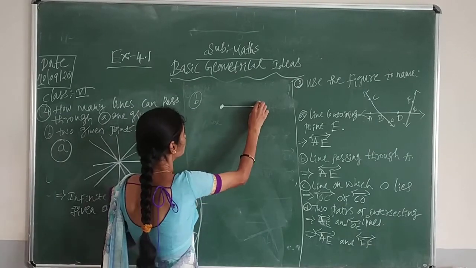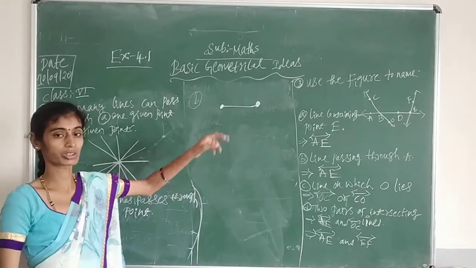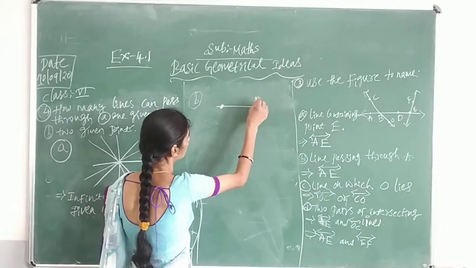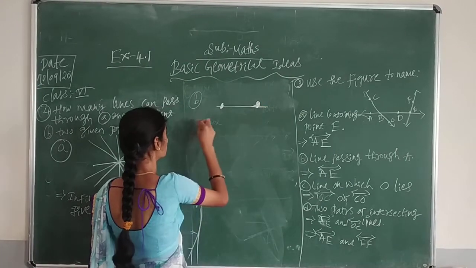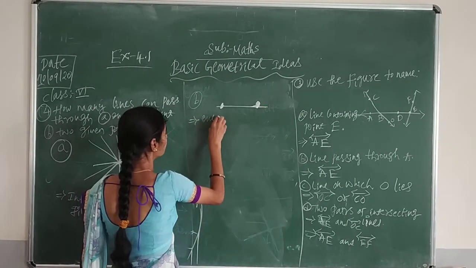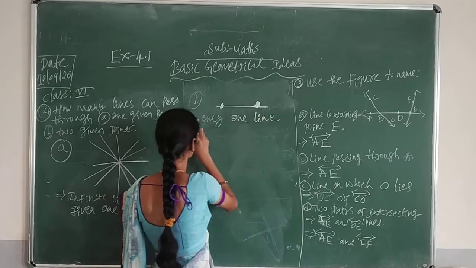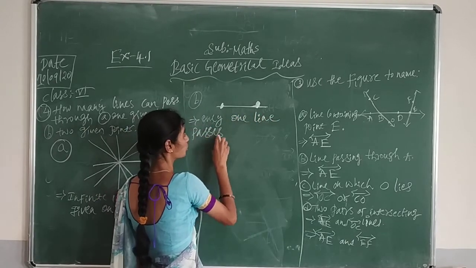When you join the 2 points, how many lines you can draw, children? Only 1 line. So this is about the second question. So here only one line passes through.